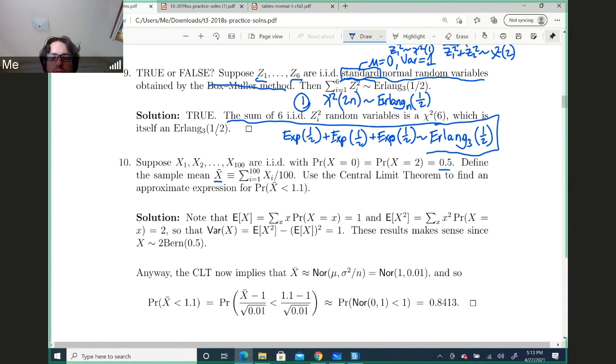Then they want us to use the central limit theorem to find an approximate expression for the probability of the sample mean being less than 1.1.